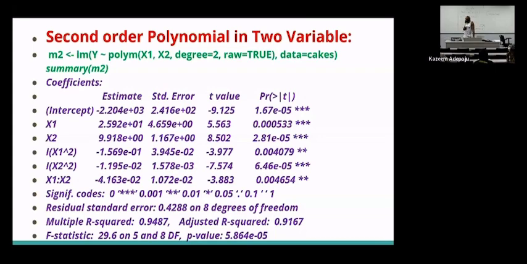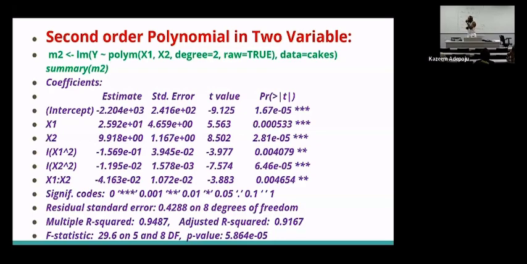So take a look at that. Even the multiple R squared is 0.9487. That's a very good one. I think X1 is going to be temperature and X2 is going to be baking time. Time and temperature.